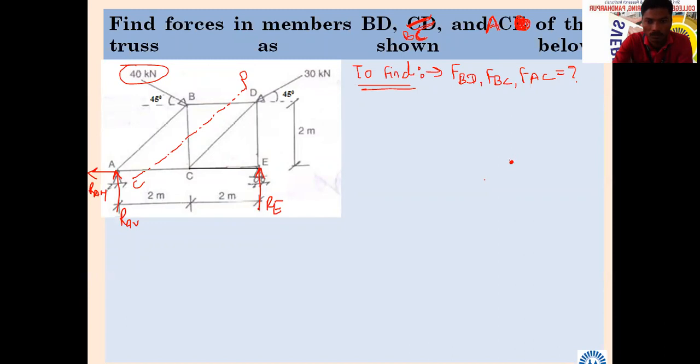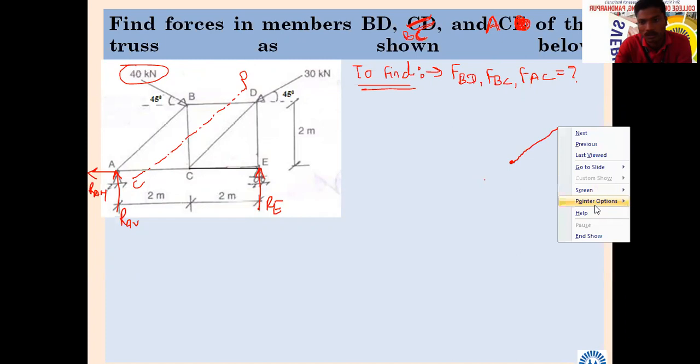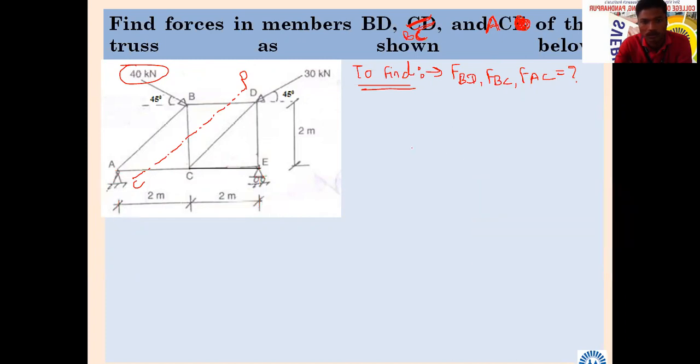ठीक आहे. Maybe here there is a triangle. Here it is a triangle. Okay.